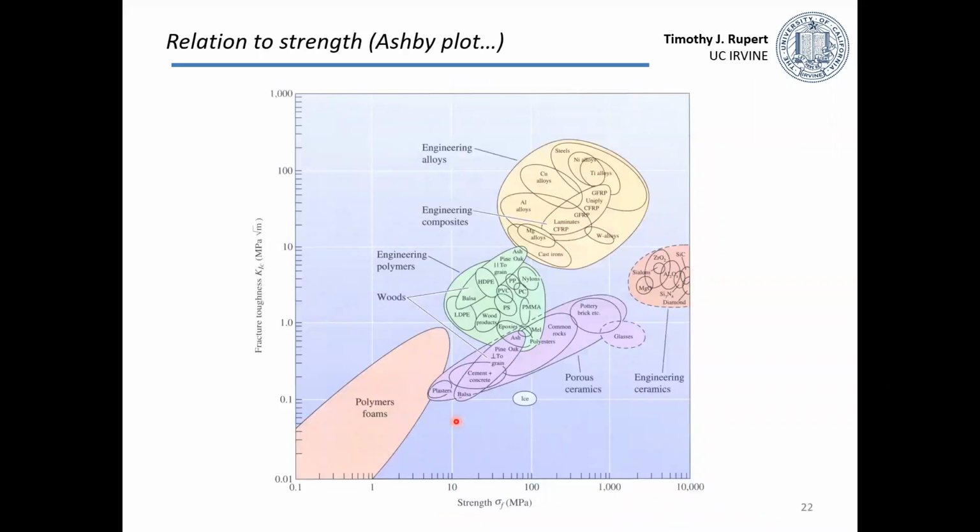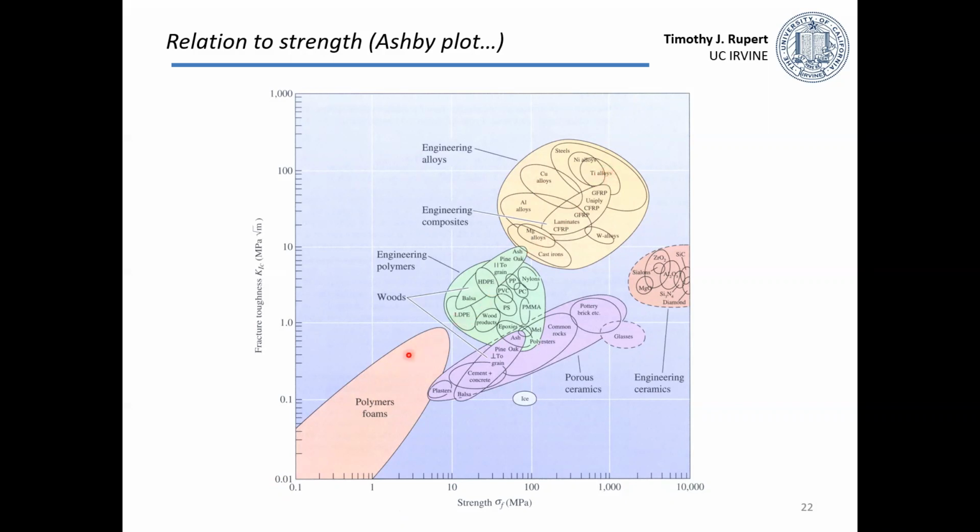One other way to look at material properties is to try to think about how different material properties scale with each other or tend to correlate with each other. This is what's called an Ashby plot. So on the vertical direction is the fracture toughness, and on the horizontal axis is the strength of the material. This is the fracture strength. And what you can find is generally, I can say, well, stronger materials have higher fracture toughnesses.